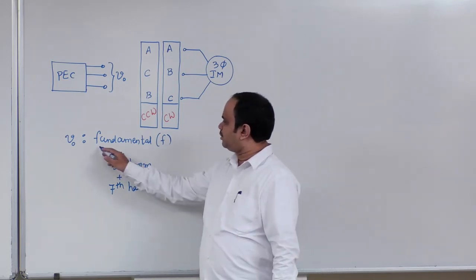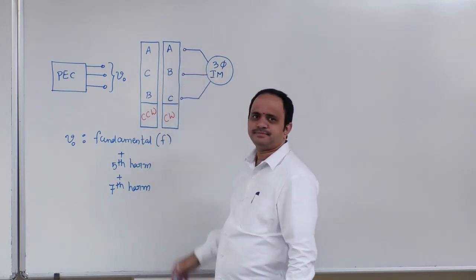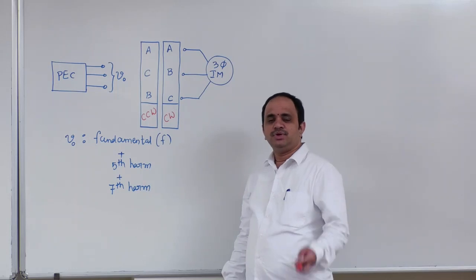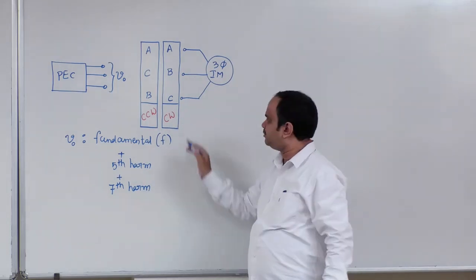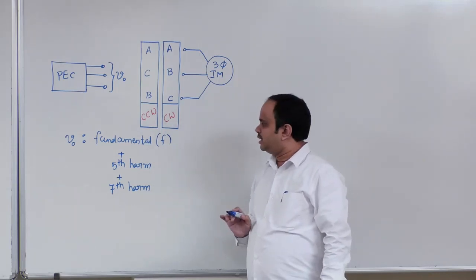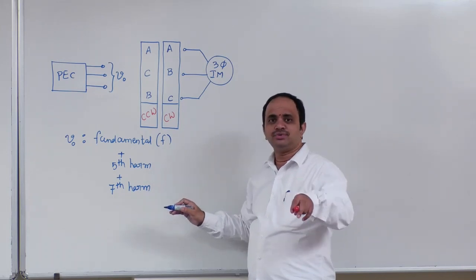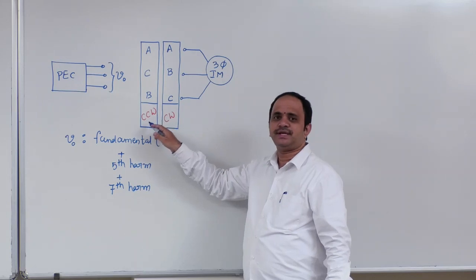So, the fundamental component has a phase sequence, for example ABC, and will produce an air gap field which will rotate in the clockwise direction. Any one direction you can assume; let me assume it is clockwise. The fifth harmonic component will produce an air gap field which rotates in the counterclockwise direction.